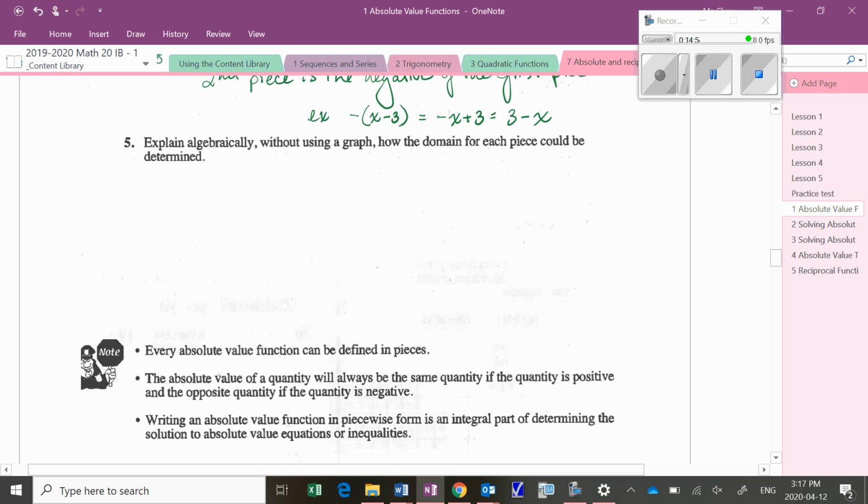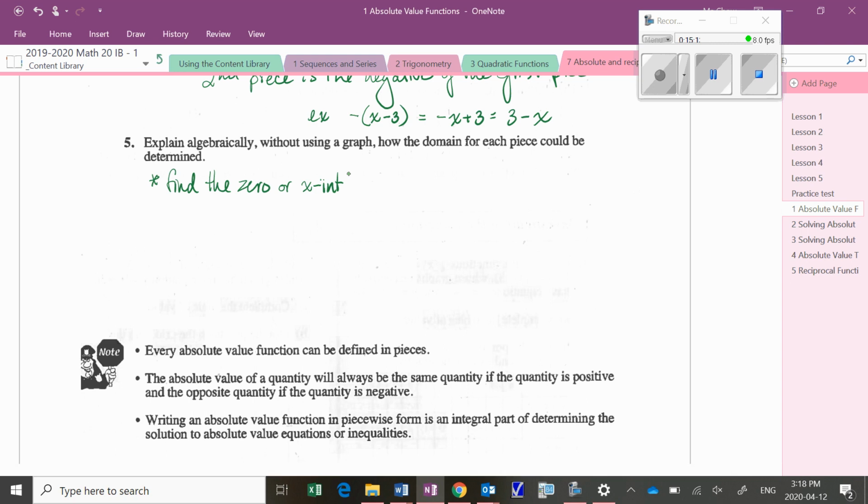Okay, so explain algebraically without using the graph how the domain for each piece could be determined. So at the end of the day, we want to find the 0 or the x-intercept. Okay, so obviously x-intercept when you're graphing, 0 if you're not using the graph.